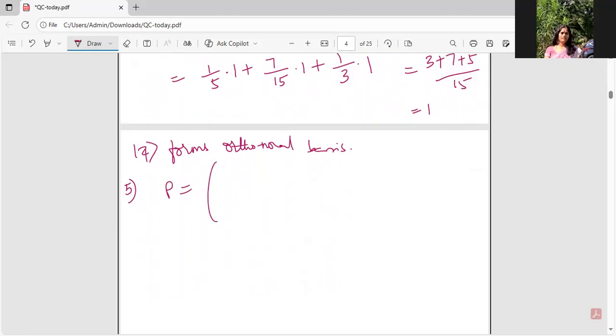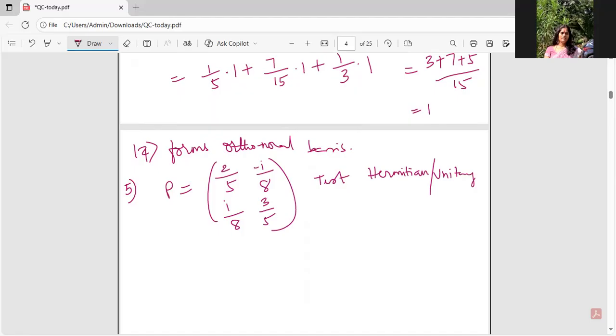Rho is a density matrix with entries 2 by 5, minus i by 8, i by 8 and 3 by 5. You are asked to test whether rho is Hermitian, unitary.